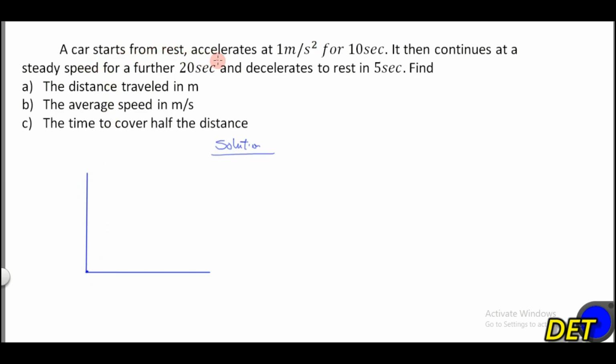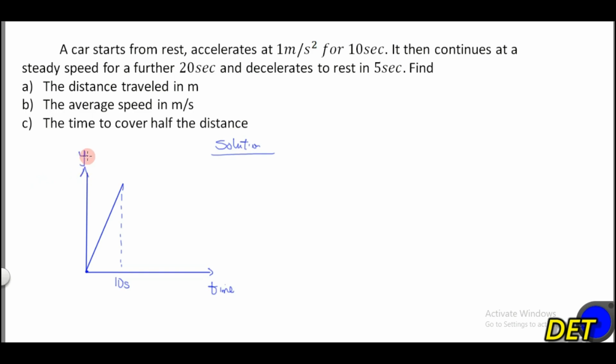It accelerates at 1 meter per second squared for 10 seconds, so from here to here is 10 seconds. This is our time, and this would be our velocity.